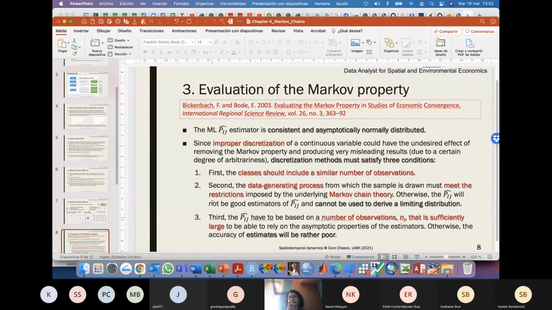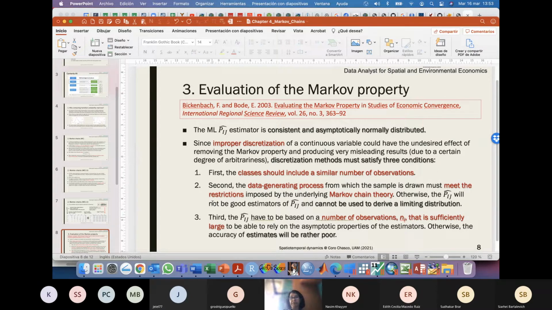Second, this is something that we should take into account, and it is not so easy. The data generating process, so the theoretical phenomenon from which the sample is drawn, from which I extracted this data, must meet the restrictions imposed by the underlying Markov chain theory.